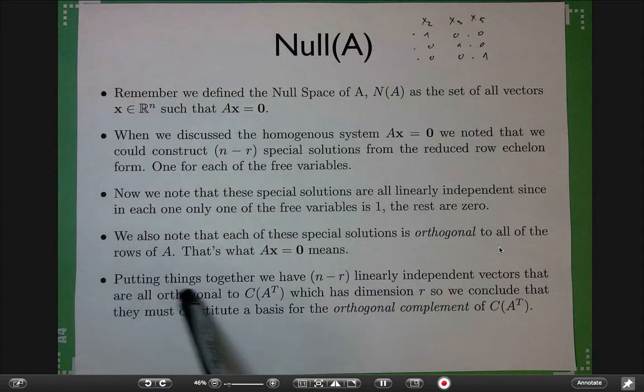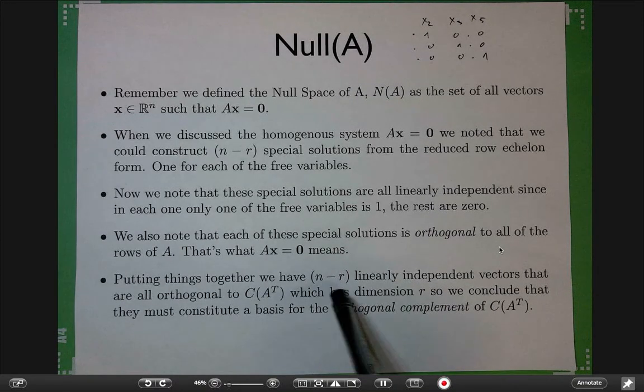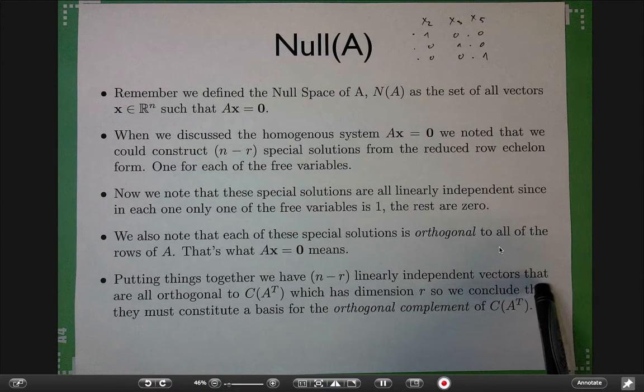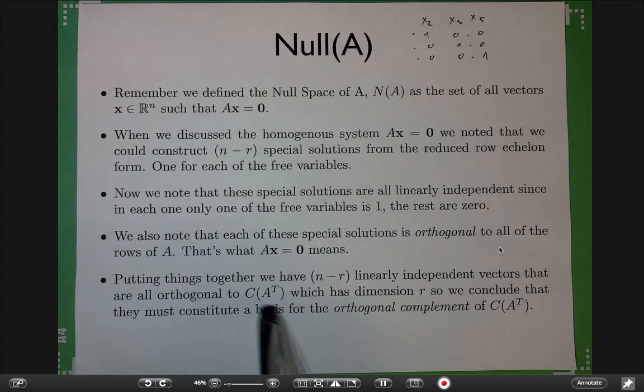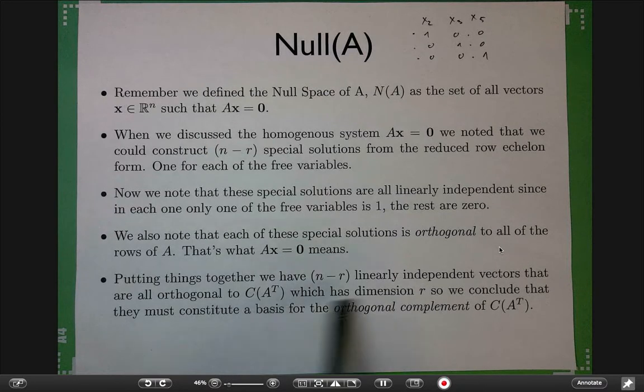So let's summarize this. We have n minus r linearly independent vectors which form the basis of the null space of matrix A. They are all orthogonal to the row space. The row space has dimension r.